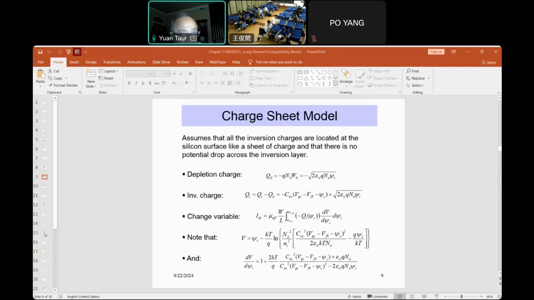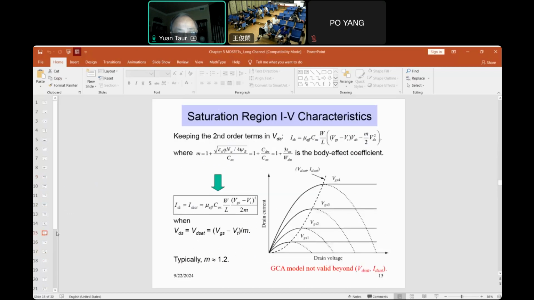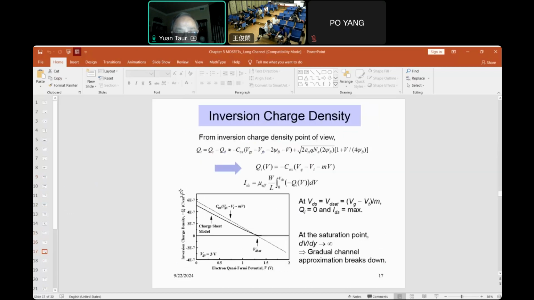Then you get this expression, which is the same as Cox times Vg minus Vt minus MV. So inversion charge density can be expressed as a function of V.